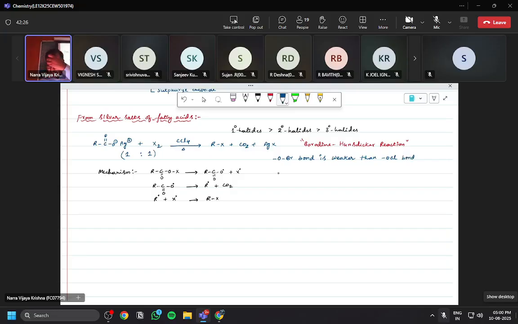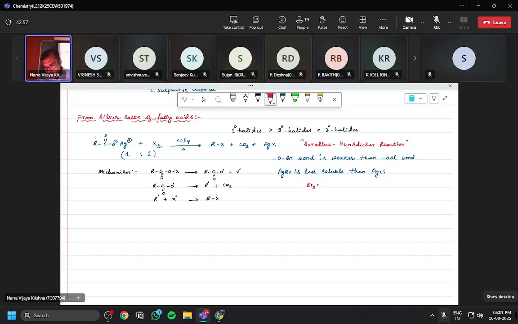And at the same time, AgBr is less soluble in water than AgCl. That's why if this O-Br bond breaks readily, means R radical will be formed readily, means RX will be formed readily. That means among chlorine and bromine, which is more reactive for Borodin-Hunsdiecker?